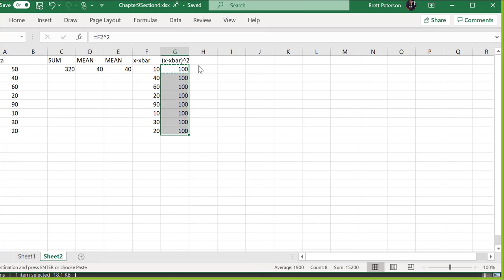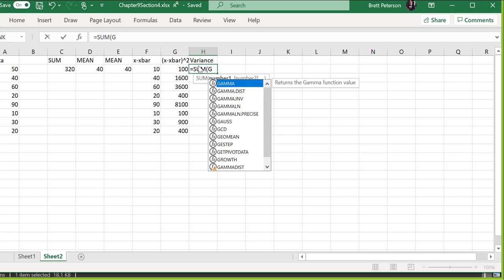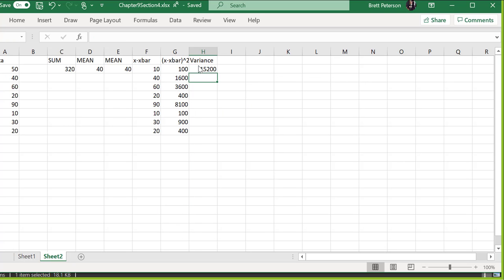And then finally, our last one is we want the sum of these again. The sum of all of those would be our variance. This time we're summing our G column, so G colon G. That gives us our sum, and then our standard deviation.